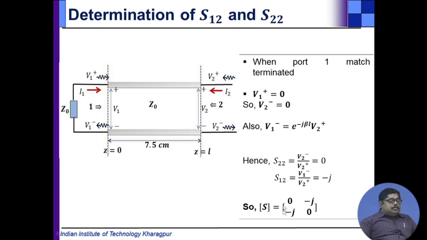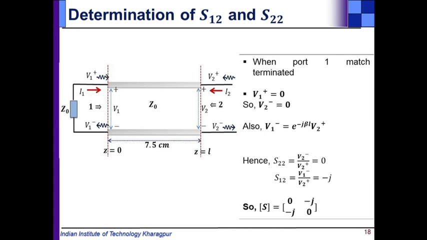So, now you put 0, minus j, minus j, 0. So, for a transmission line with characteristic impedance Z0, if your reference impedance is also Z0, then there is no reflection at port 1, also at port 2 there is no reflection, but there is a transmission, that is why it is a transmission line.